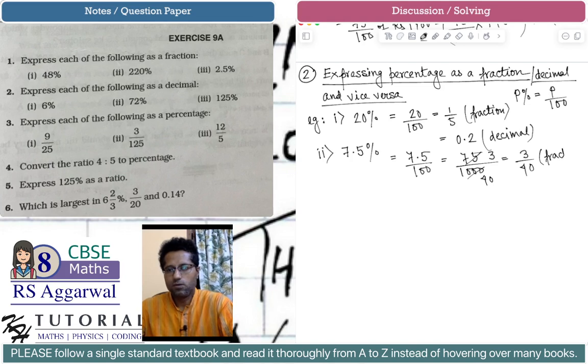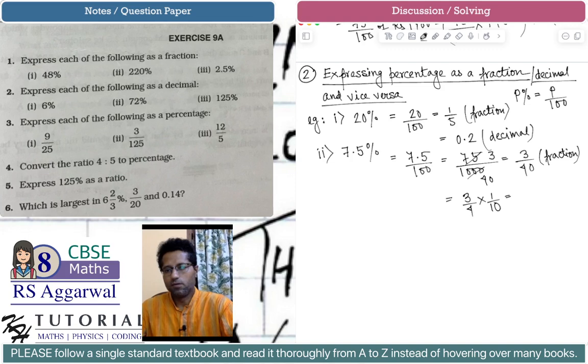Now, if you want to express 7.5 percentage as a decimal, you just have to convert this 3 by 40 as a decimal. So how do we convert a fraction to a decimal? 3 by 40 is 3 by 4 multiplied by 1 by 10.